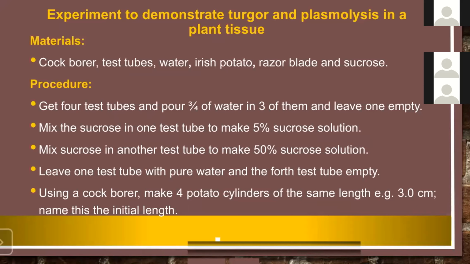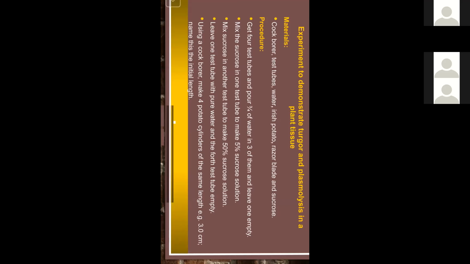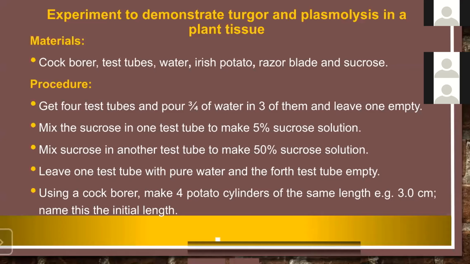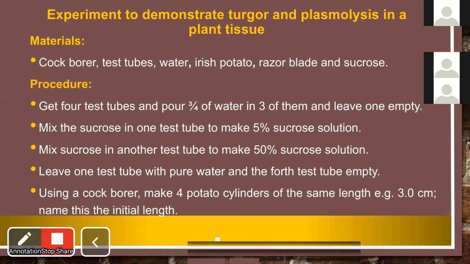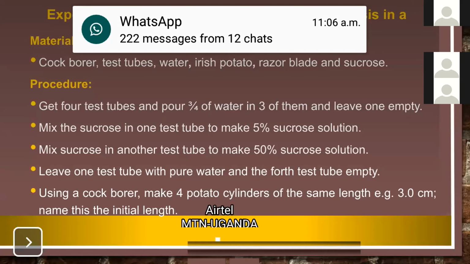is that solution whose concentration is lower than that of the tissue that you are placing in it. If you place an animal cell in it, then you're comparing the concentration of the external solution with the concentration of the solutes inside the animal cell. If you have placed a plant tissue, then you're comparing the concentration outside the plant tissue with that inside the plant tissue.